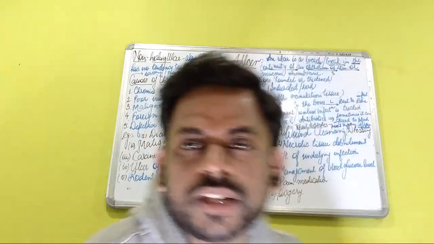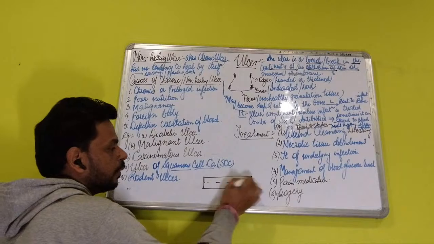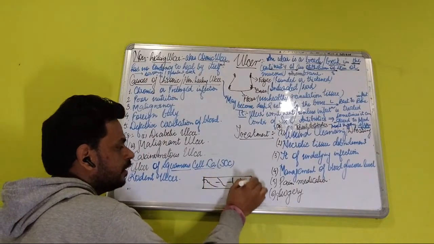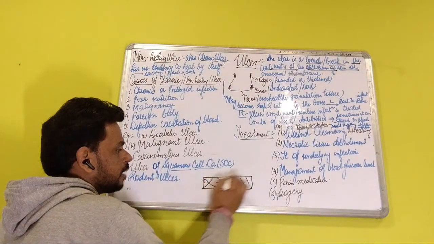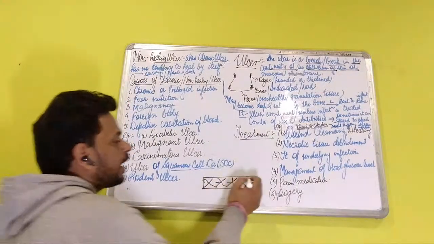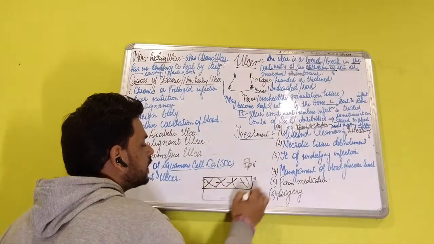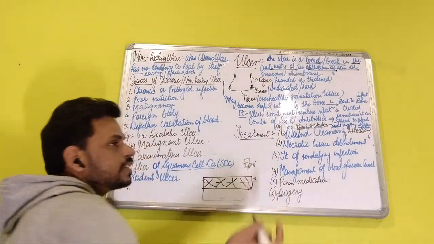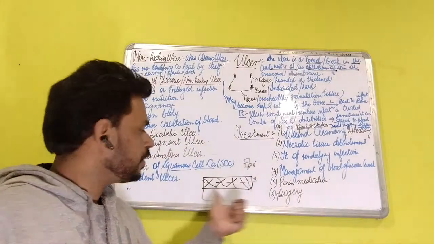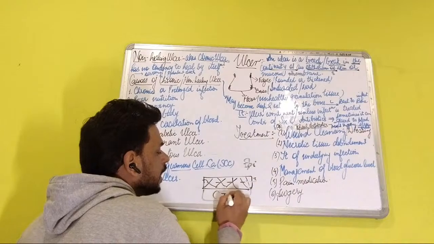So during the formation of any ulcer, you must know from general oral anatomy or general skin that the skin is covered by an epidermis, and below it is the dermis. Or in the case of a tissue, the epithelial surface is there, and below it is the connective tissue.